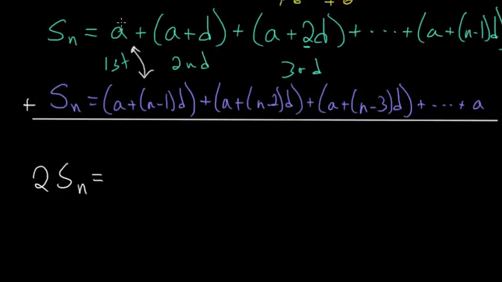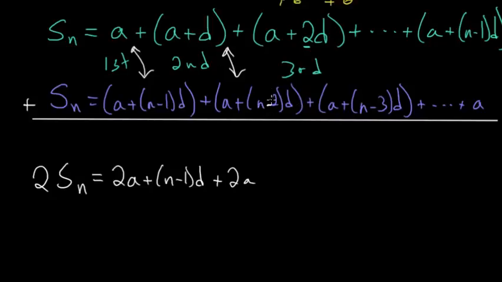Notice we just have an A, and we can add that to this A. So we have 2A plus n minus 1 times D, and then plus, now we're adding the second terms in each. So we have A plus A, so that's another 2A. And then here we have n minus 2 times D, and we're adding one more D to that.